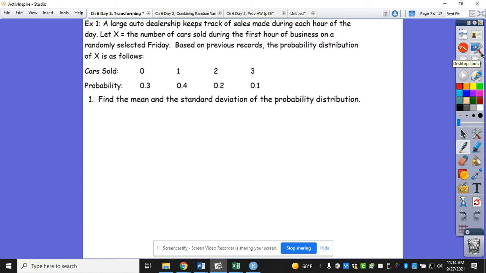Alright, so look at this first example. So now we're on your notes. A large auto ship dealer keeps track of sales made during each hour of the day. X is the number of cars sold during the first hour of business on a randomly selected Friday. Based on previous records, the distribution of X is as follows. Right now, find the mean and standard deviation. Ready, go.